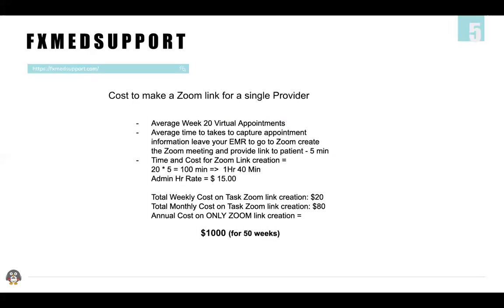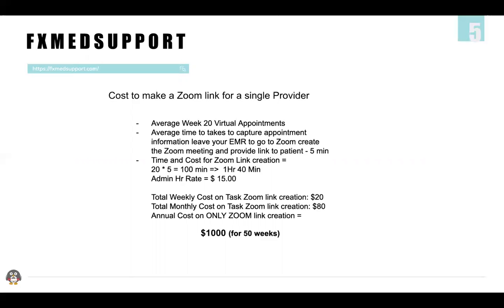So we thought, okay, on a weekly basis, 20 virtual appointments a week. It takes maybe 5 minutes to create a Zoom link, which when you think about it by itself, is not a big deal. But when you look at that, that turns into 100 minutes a week. That turns into $20 a week, $80 a month. You extrapolate that to 50 weeks, that's $1,000 a year that you're paying somebody to do nothing except create a Zoom link.